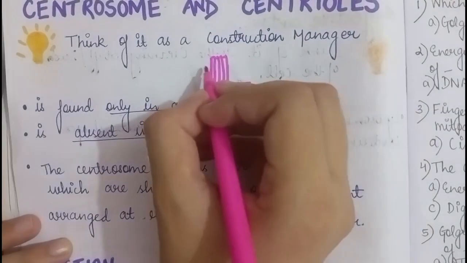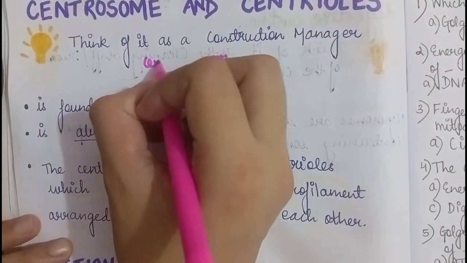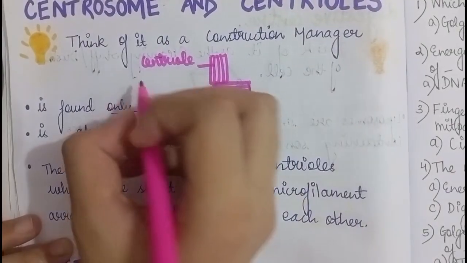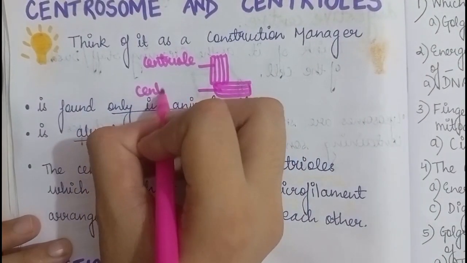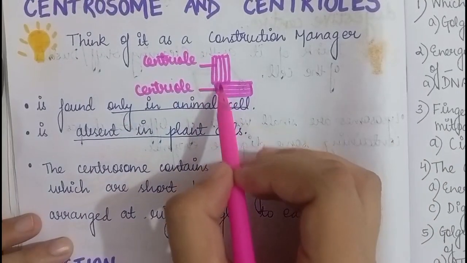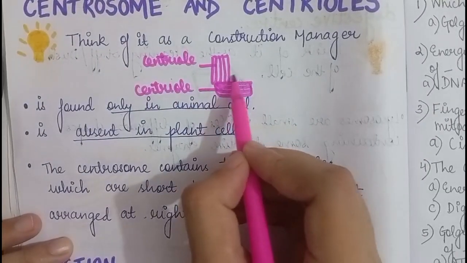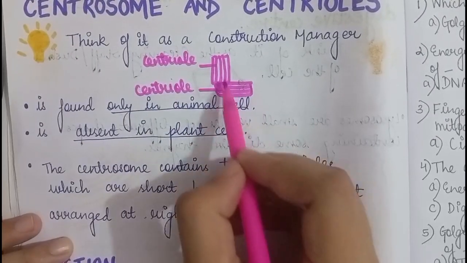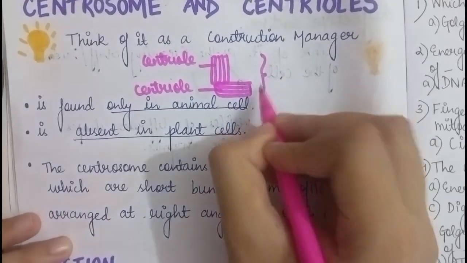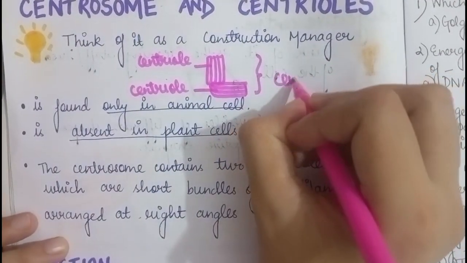This is one centriole, and this is the second centriole, and they are present at 90 degrees. There is an angle of 90 degrees between them, and they together form the centrosome.